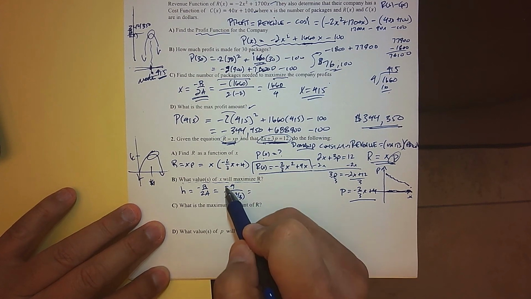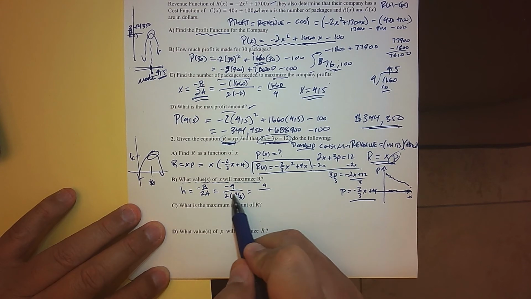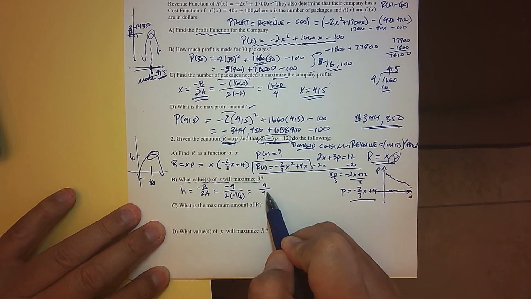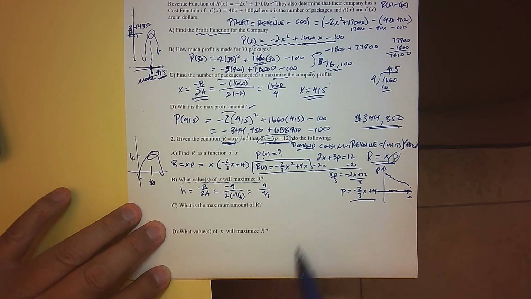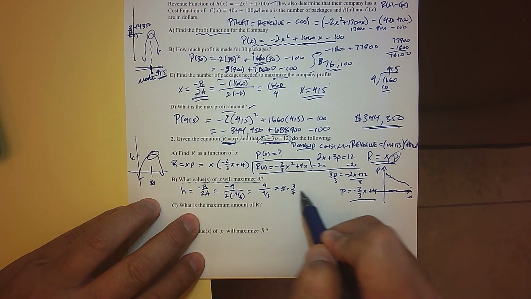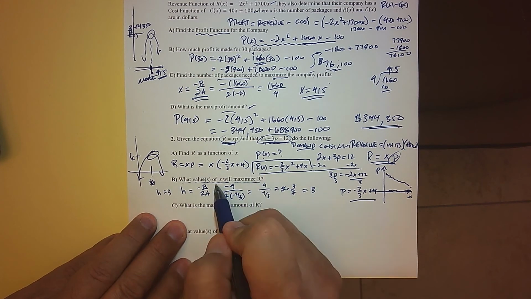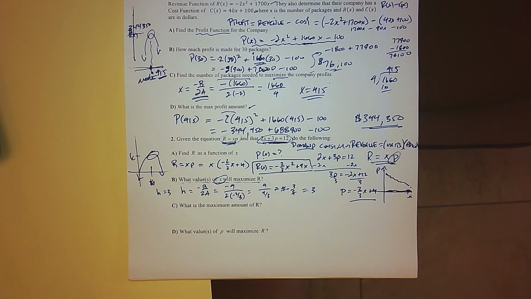So on the bottom, a negative divided by negative is a positive. So we have 4. And on the bottom, if we multiply, we get 4/3. Alrighty? Multiplying by the reciprocal, the 4's cancel out, and we're left with 3. So h is equal to 3. That's the x value that's going to produce a maximum revenue. All right, so x is equal to 3.